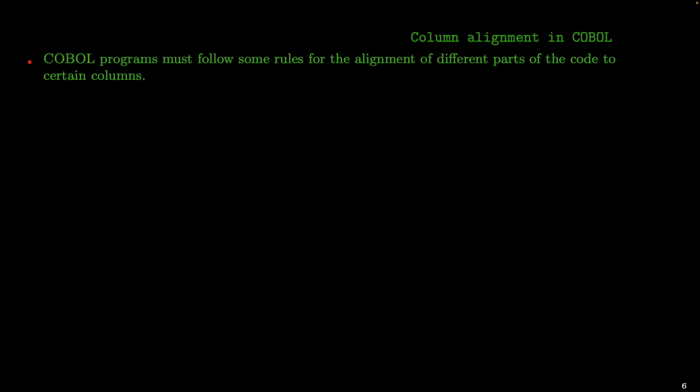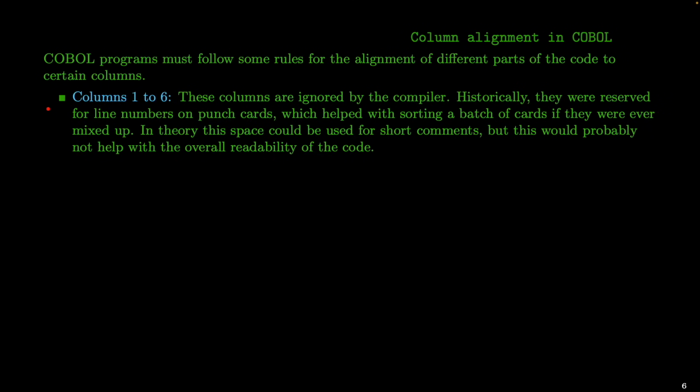Let's take a closer look at what the different areas in the code mean. Columns 1 to 6, the empty columns at the beginning of the code, will be ignored by the compiler. Historically, when we wrote our program on punchcards, this area contained line numbers for the code.